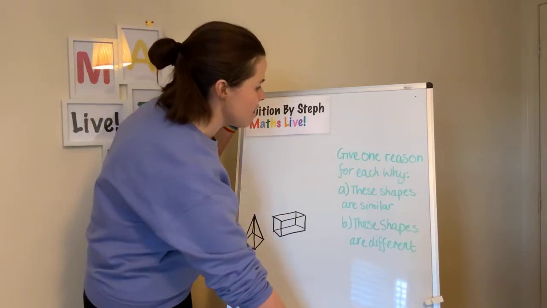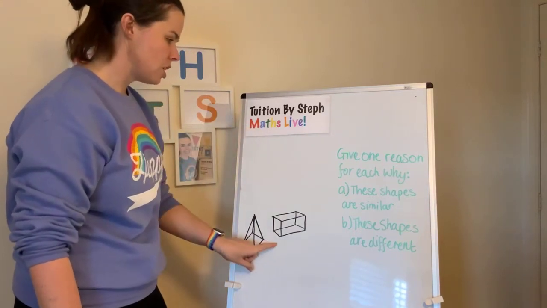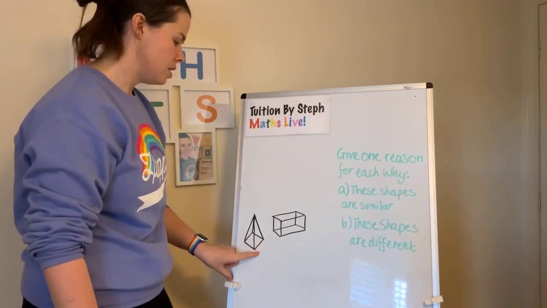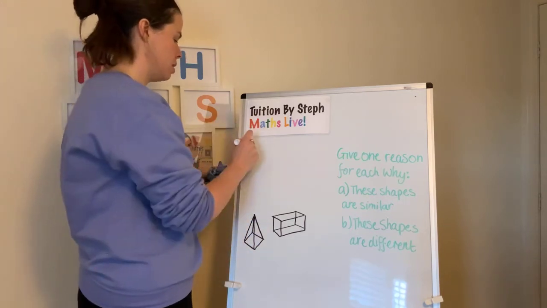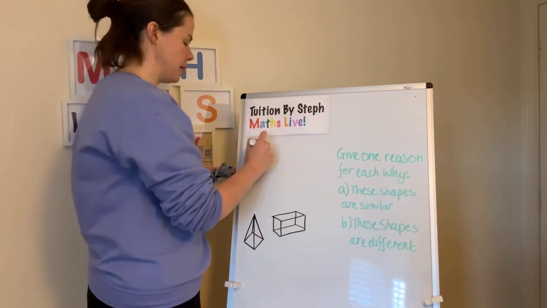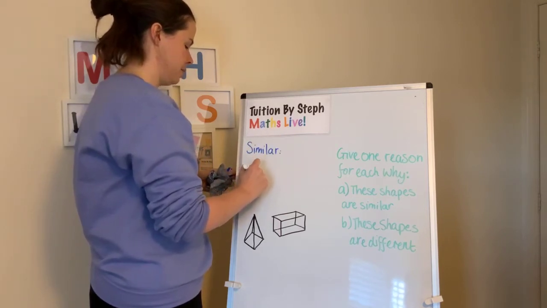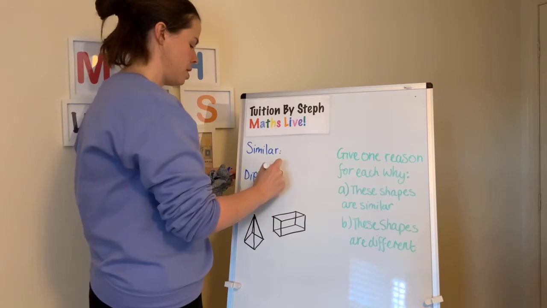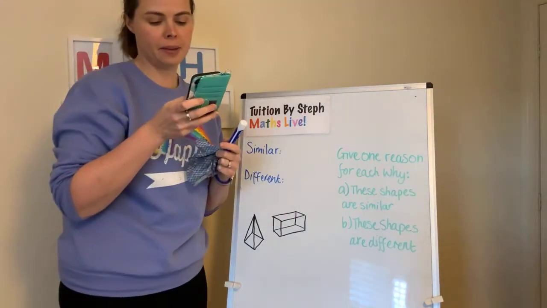So it says, give one reason for each why these shapes are similar and these shapes are different. So give me one thing. How are they similar? Obviously there might be more than one answer. And how are they different? Let's look at what you're saying.